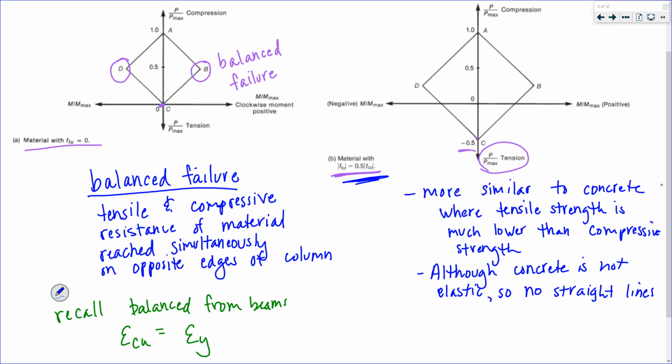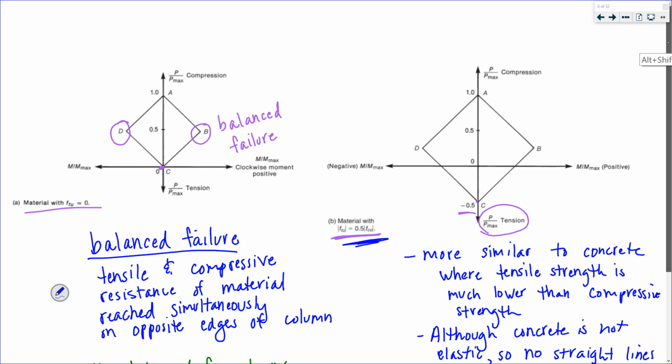So these are interaction diagrams. This is how we are going to design columns. Columns will not be designed purely on axial load. We're going to draw interaction diagrams so that we can design them incorporating potential moments. I'm going to stop right there.